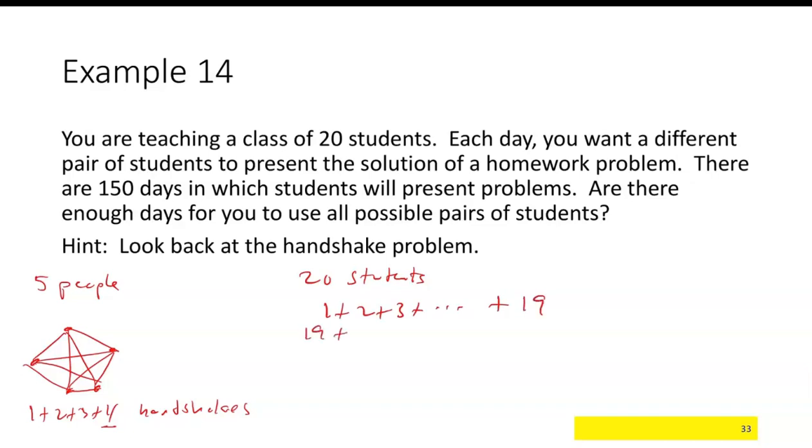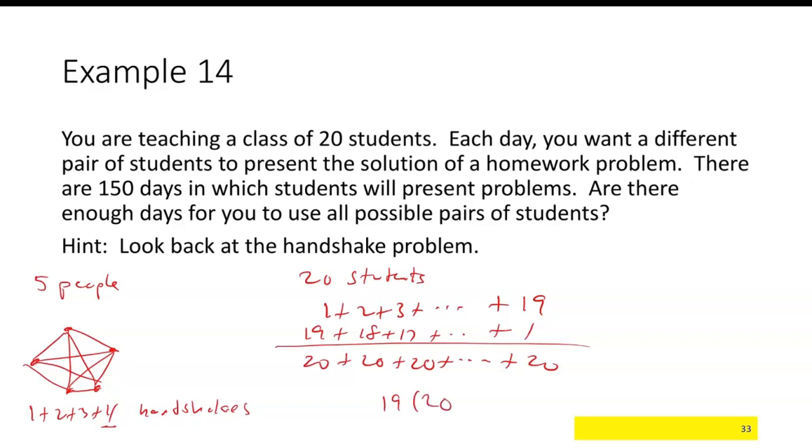And if I reverse that, 19, 18, 17, and add column-wise, that's 20 plus 20 plus 20 plus 20. There are 19 of these 20s, and then divide by 2. 20 divided by 2 is 10, times 19 gives me 190. 190 pairs.